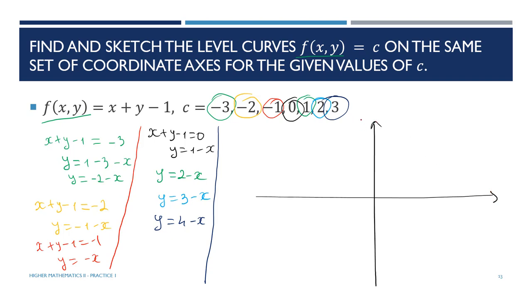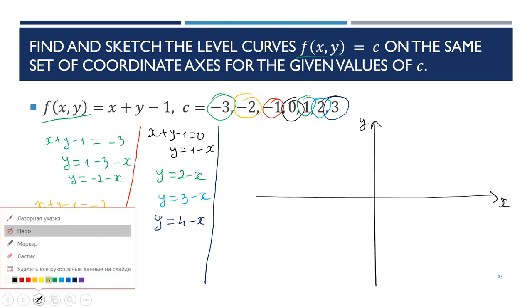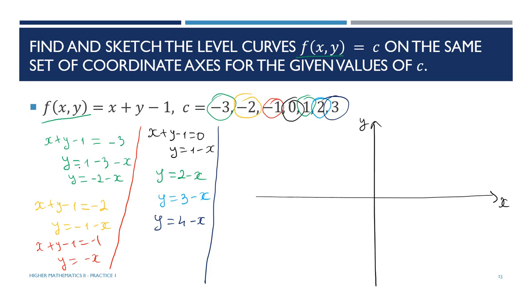This is going to be y and this is going to be x. Let's start from the first one. When we choose -3, I got this one, y equals -2 minus x. So when x equals 0, y equals -2.